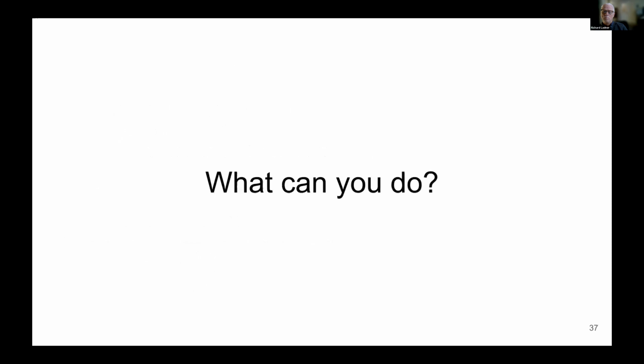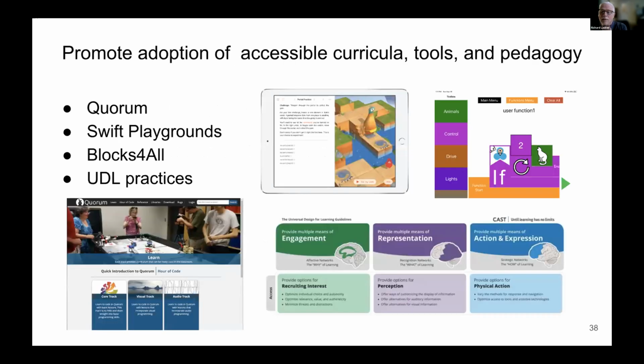Next slide. So what can you do? Promote the adoption of accessible curricular tools and pedagogy. I'm not going to go into detail into any of these, but this stuff exists. I mentioned a moment ago that much of what's out there for K through 12, as basic as Scratch and Scratch Junior, is not accessible.